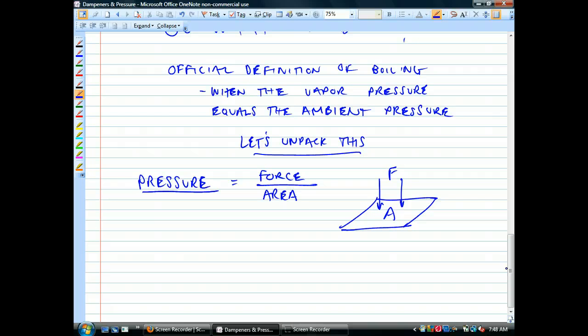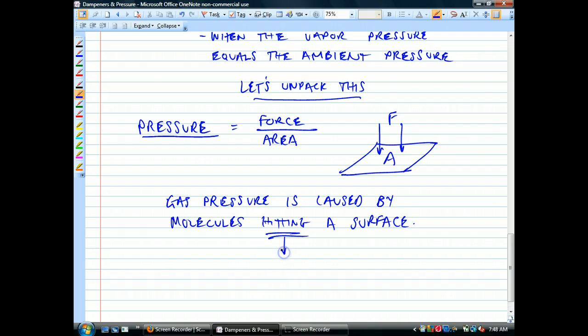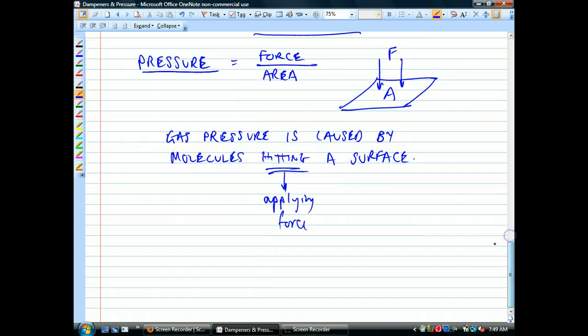Now when we talk about gases, gas pressure, gas pressure is caused by molecules hitting a surface. Hitting the surface means they're applying force. Right now I'm applying pressure to the floor. I'm standing on the floor, and so I'm applying a force to a certain area, whatever area I'm standing on.